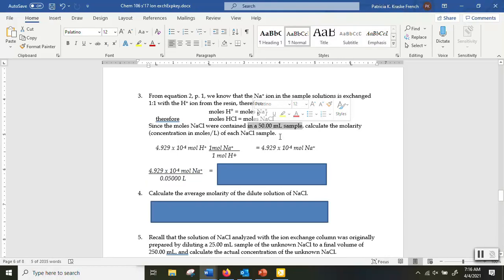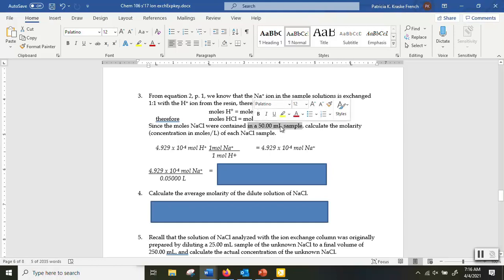Remember, you took your 50 milliliter pipette and put it into a clean, dry little beaker, and put that on the column slowly and gently because you didn't want it to overflow. Then once you had that all on the column, you put lots and lots of water on to make sure that you got all the H+ that had been exchanged off.